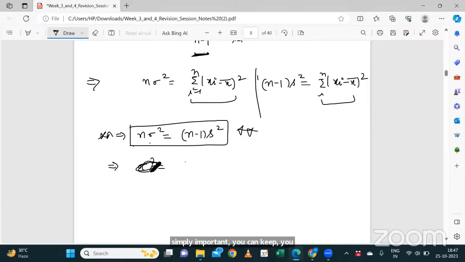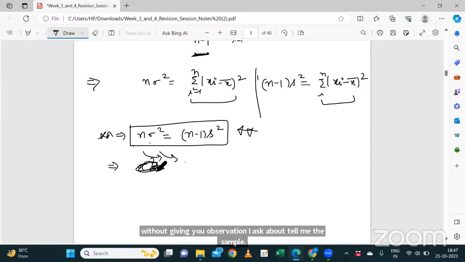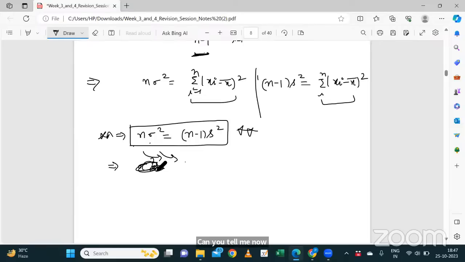Suppose I have given you a small n and population variance, and then I ask, without giving you observations, tell me the sample variance. Can you tell me now? You have to just put the value of n and the value of sigma square, and you will get s square. There are three unknowns: n, sigma square, and s square.